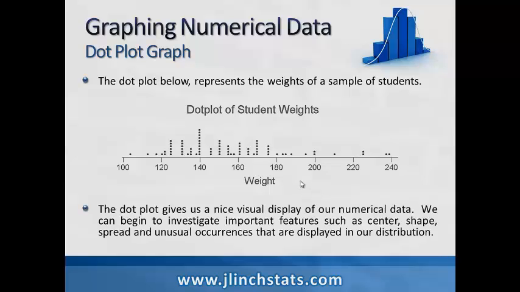We can begin now to investigate important features such as center, shape, spread, and unusual occurrences that are displayed in our distribution. And we're going to be talking about what we're looking for in graphical displays with numerical data, and we'll devote one whole section to the important features that we talked about in this bullet here: center, shape, spread, and unusual occurrences.